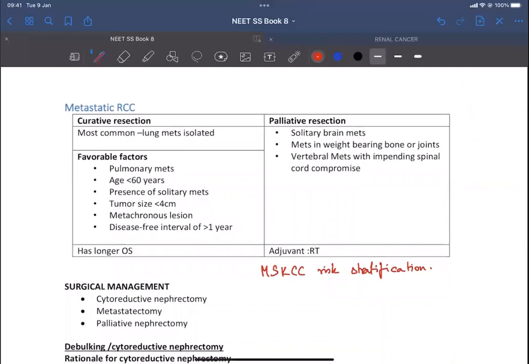You have the MSKCC risk stratification, or what's called the Motzer criteria, to decide whether patients with metastatic RCC will benefit from the resection of cytoreductive nephrectomy or not.